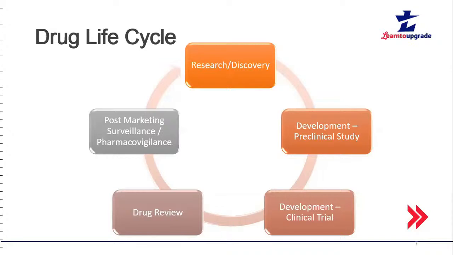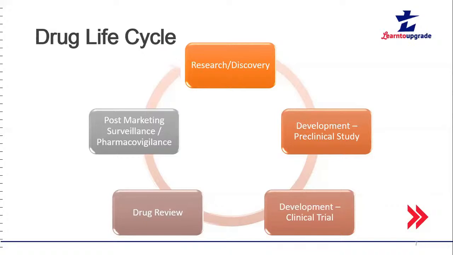Animal testing is done to understand the drug's safety and efficacy. After the preclinical, we file the IND application, the investigational new drug application. If the application is approved, then you can start using the product in humans. It is the second development stage.